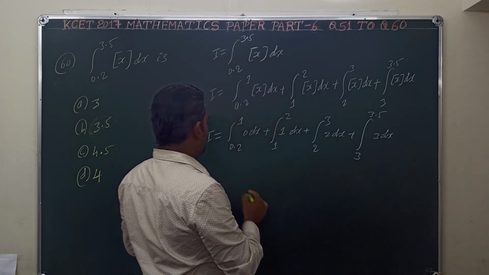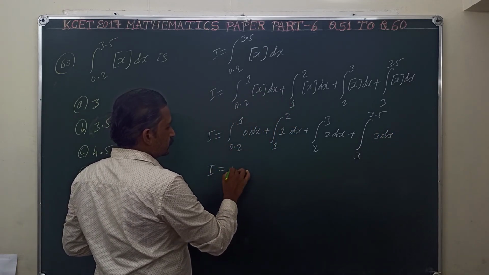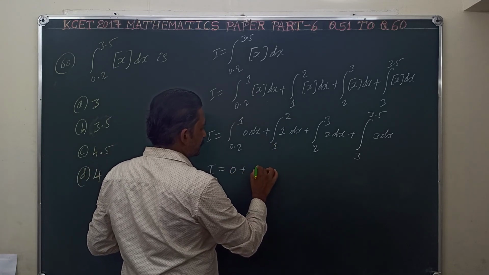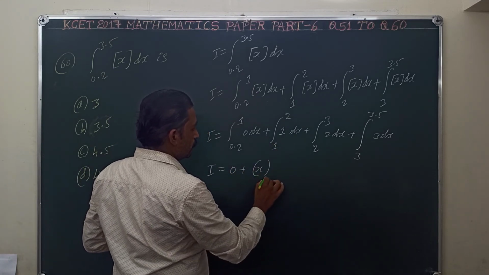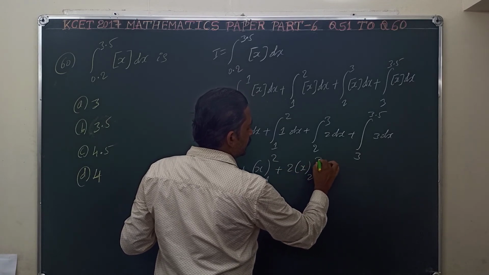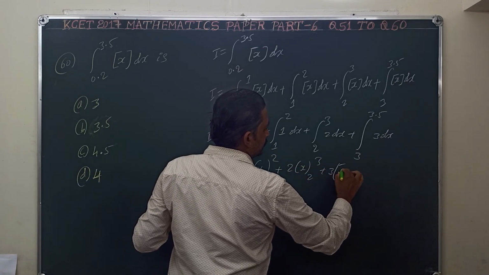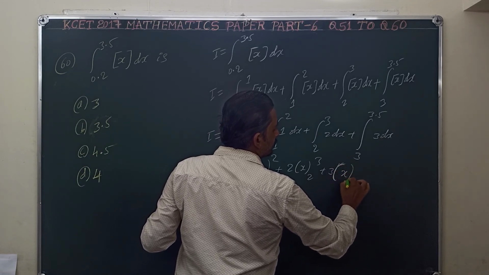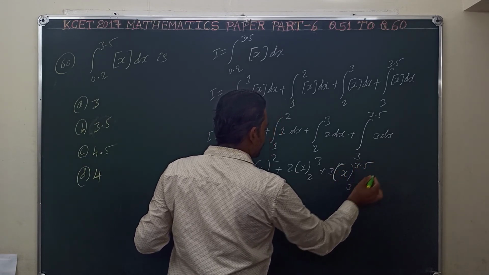Now integrate. So I is equal to here 0, 0 plus 1 times x from 1 to 2. Here 2 taken outside, again x, 2 to 3. Here 3 taken outside, it becomes x from 3 to 3.5. Apply the limits.